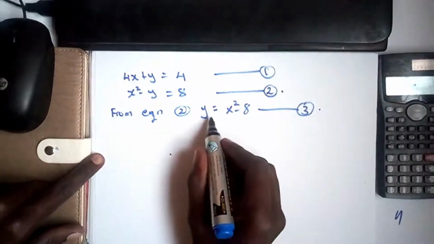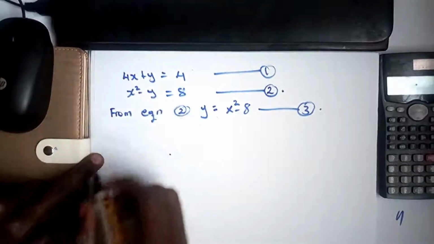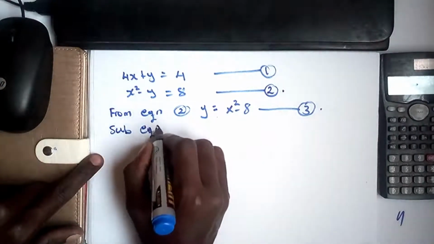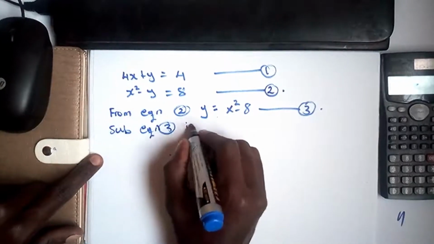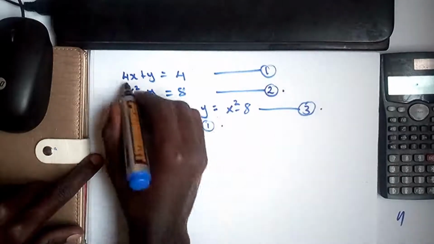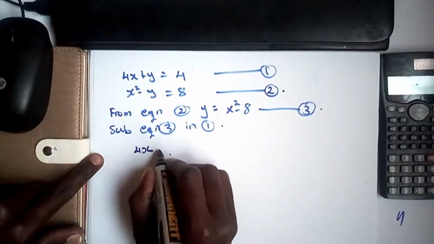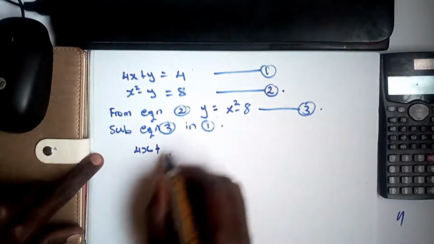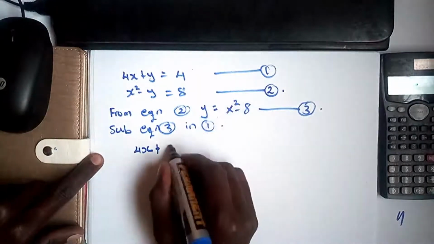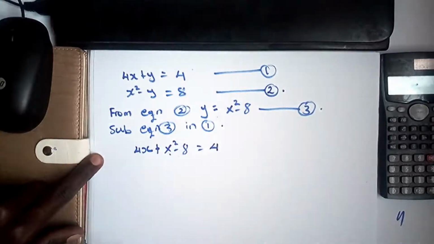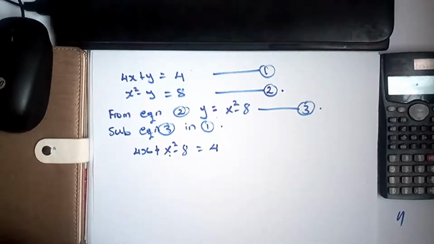Now we are going to substitute equation 3 in equation 1. So if I substitute equation 3 in 1, I'm going to have 4x plus y, which in this case is x squared minus 8, which is equal to 4.